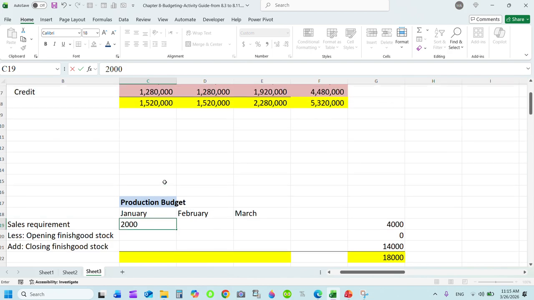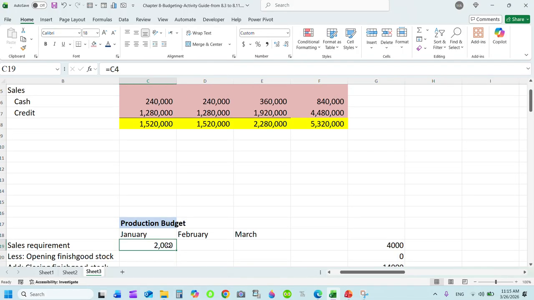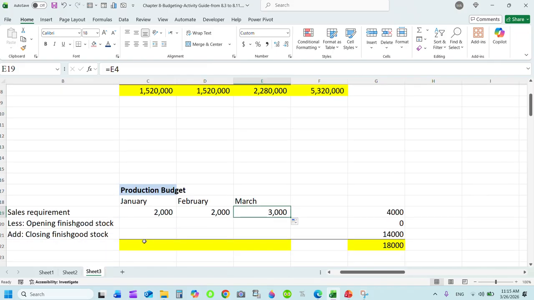So accordingly, we need to first consider this information, right? January month, we need to sell 2000 units. February and March, we need to sell 2000 and 3000. So accordingly, we must produce a particular number of units which meet the sales requirement.